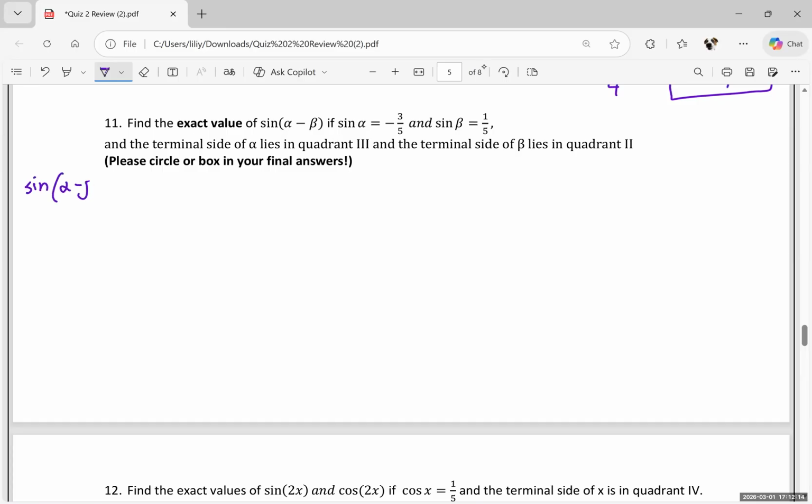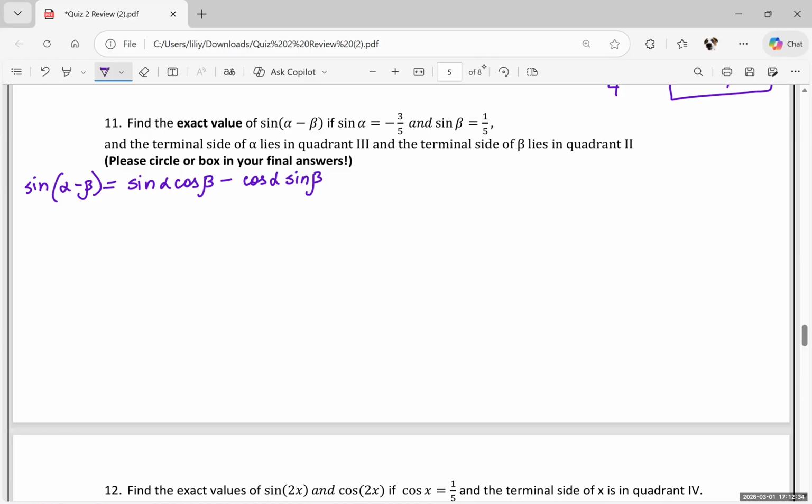Sine of alpha minus beta equals sine of alpha times cosine of beta minus cosine of alpha times sine of beta. I will go ahead and fill in what I know.